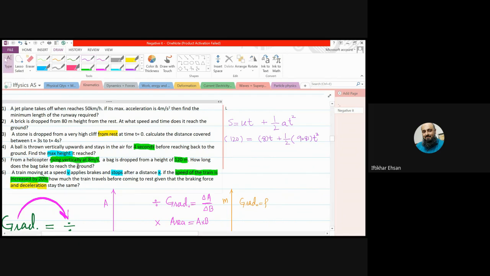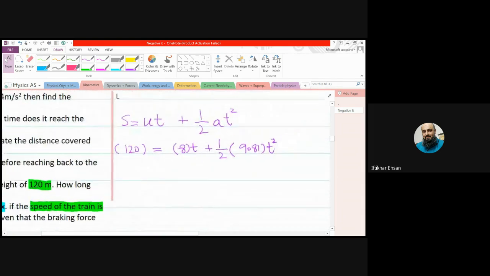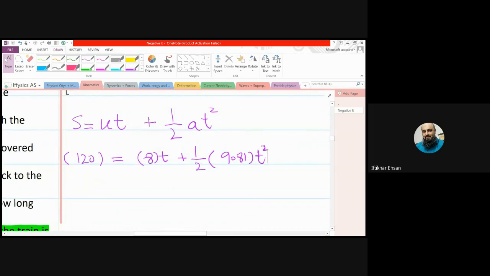Actually, the helicopter was initially rising, moving upward. So the initial velocity was upward, and the displacement is to be covered downward. The gravitational acceleration is in the direction of gravity, that is also downward.